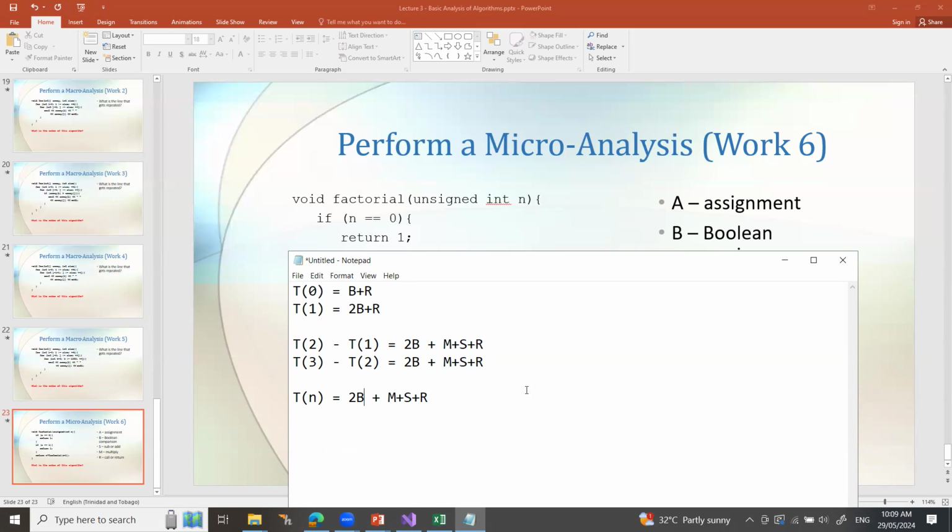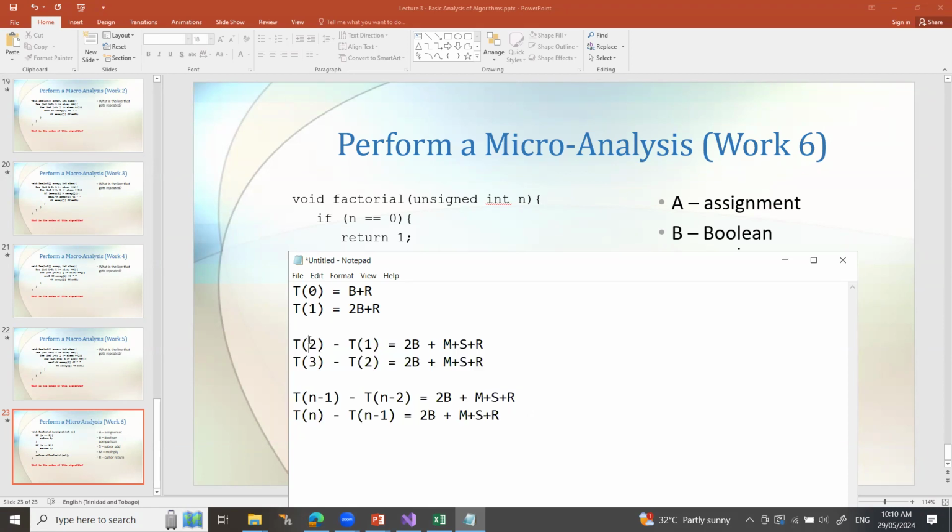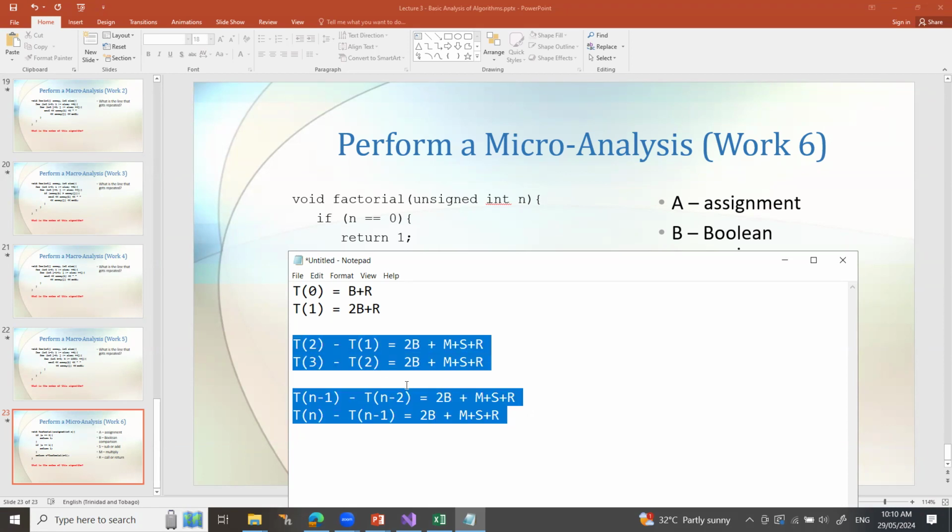Plus sign becomes minus. I'll write in at least one extra one, like T of n minus 1 minus T of n minus 2. Nothing magical so far. Notice these things going on the right here. What would happen if I added up all of these?